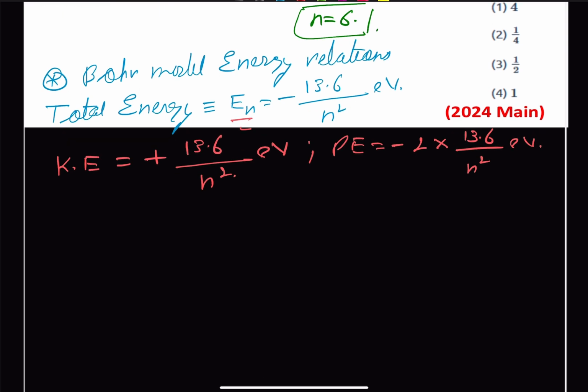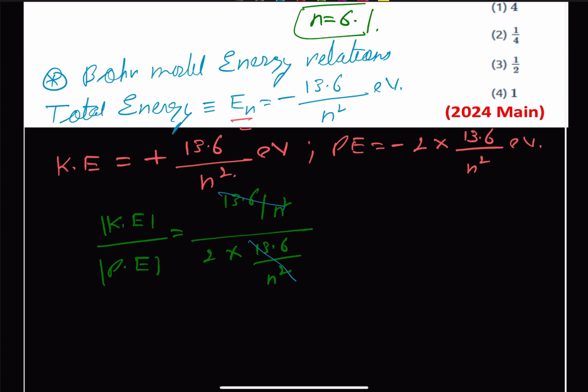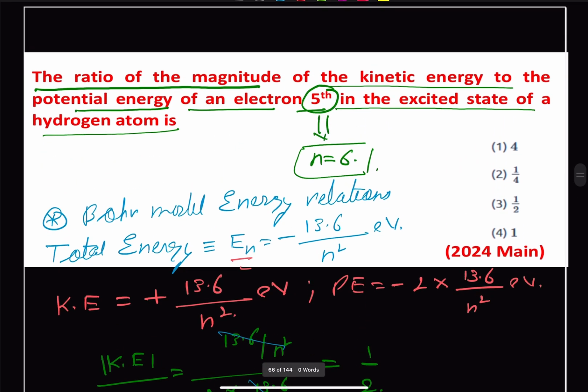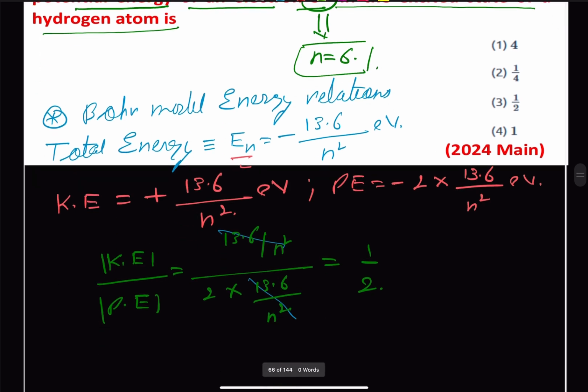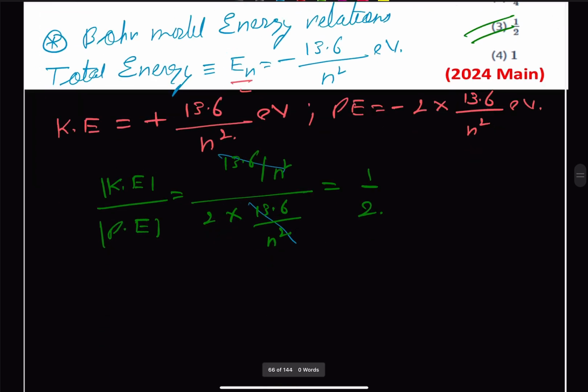So we get kinetic energy over potential energy is equal to 13.6 upon n square over 2 into 13.6 upon n square. This 13.6 and n square cancel out, so we get this is equal to 1 by 2. The ratio is 1 by 2. Option 3 is correct.